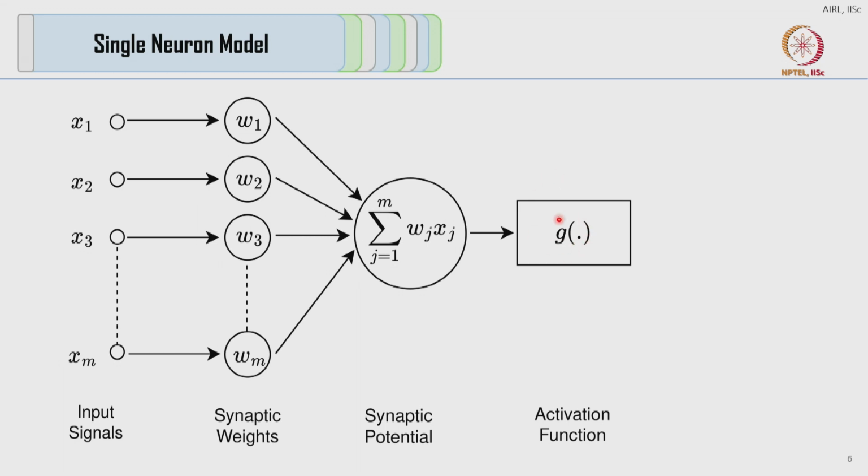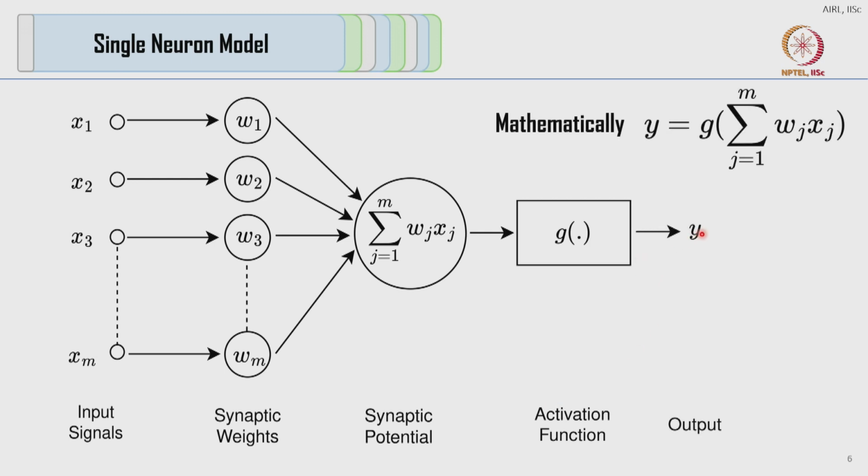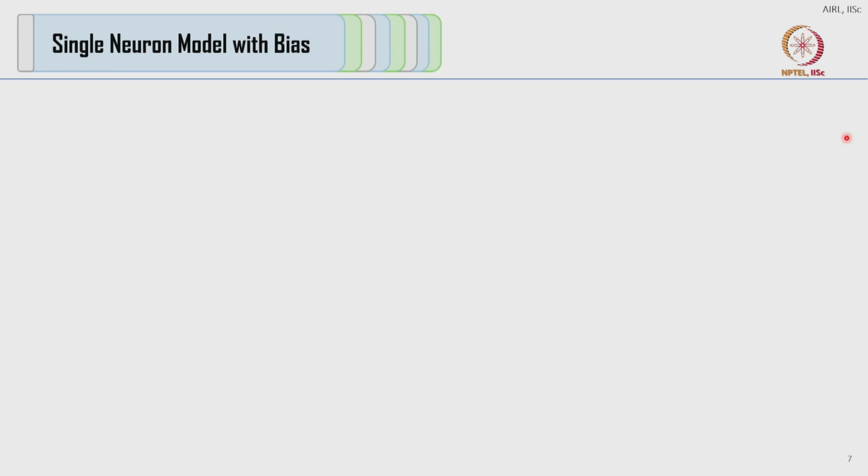I represent the nonlinear process as a function g, called the activation function, and it produces an output y. Mathematically, y is equal to g of summation j equal to 1 to m Wj Xj. What we saw is a single neuron without a bias.